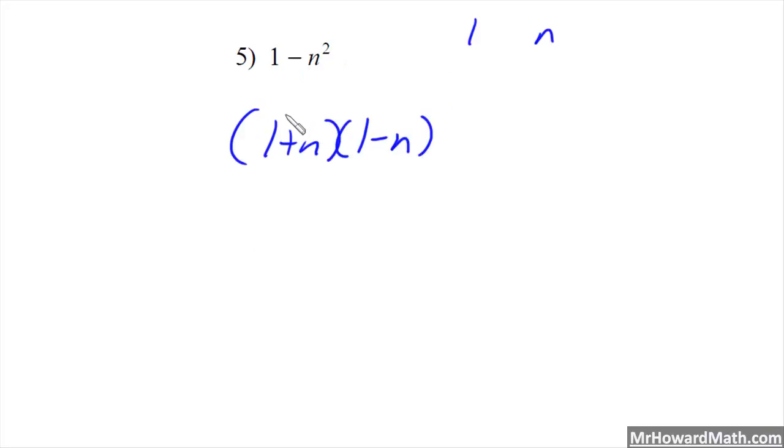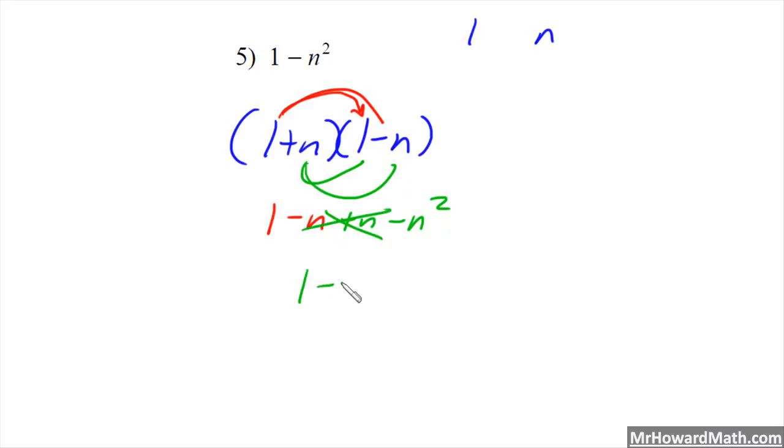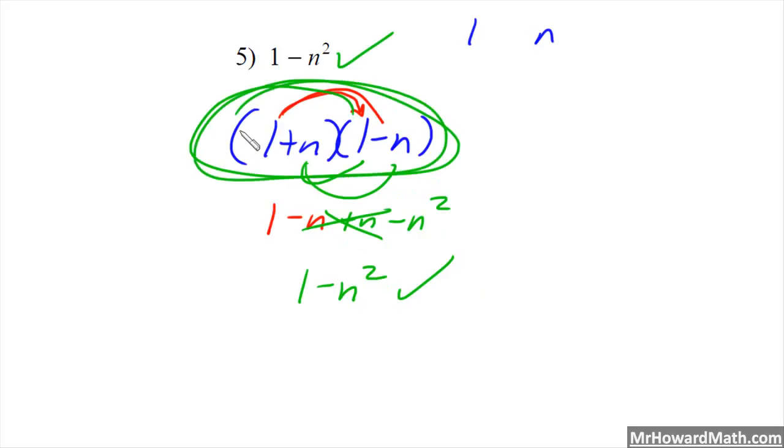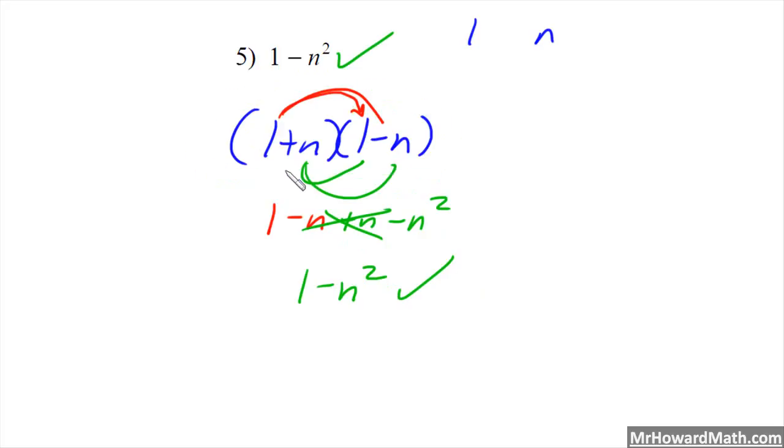So that you see it, let's FOIL it out. So that would be 1, that would be subtract n, that would be a plus n, and that would be a subtract n squared. These two cancel, 1 minus n squared, check, and check. So your answer is this. These are your two factors, 1 plus n, 1 minus n.